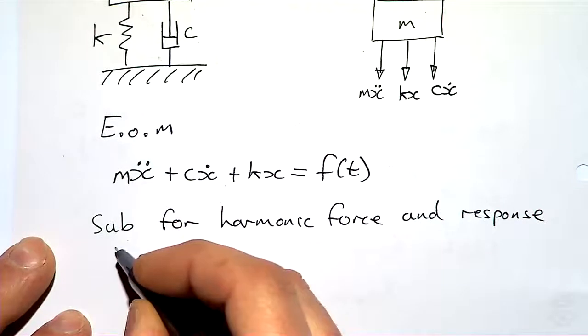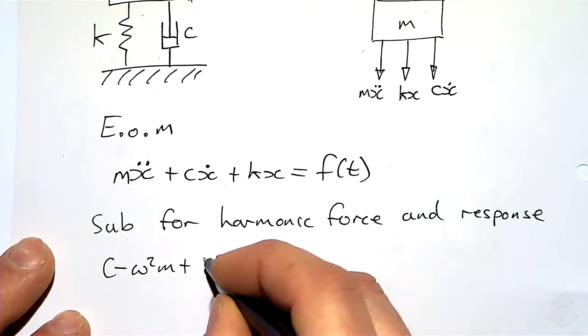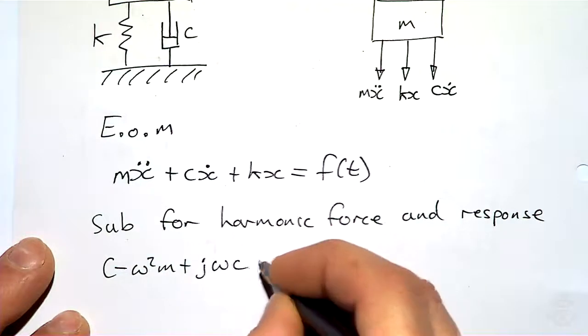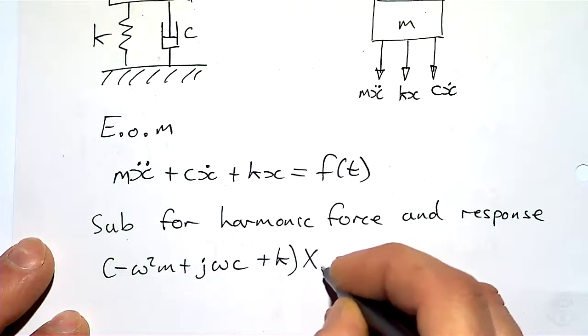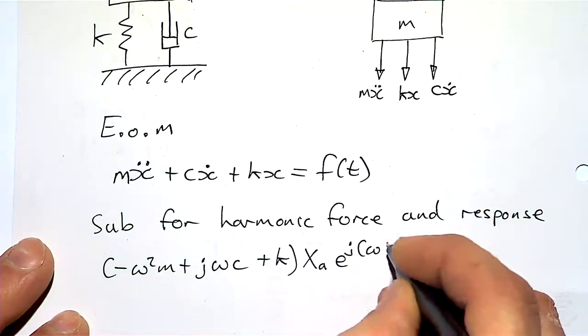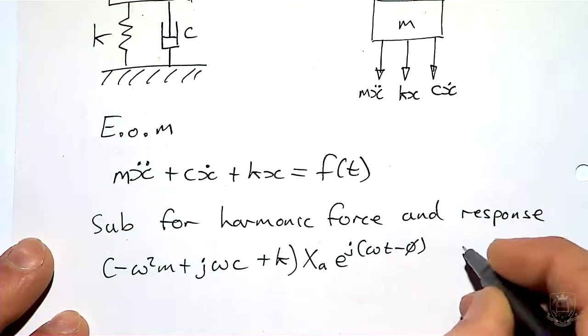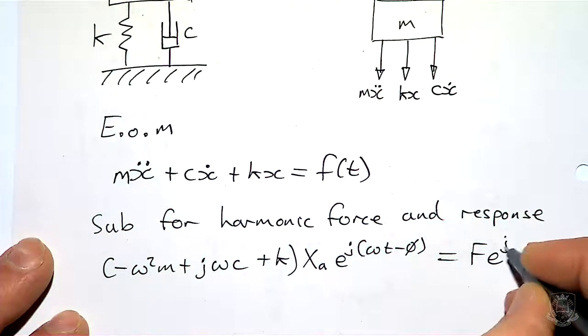Okay, so if we do that, what we get is minus omega squared m plus j omega c plus k, all multiplied by x_A e to the j omega t minus phi. And on the right hand side, we had the same as last time, f equals F e to the j omega t.